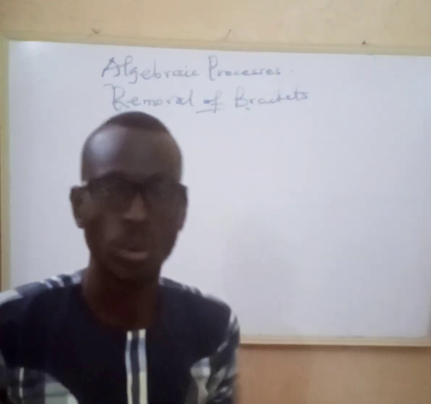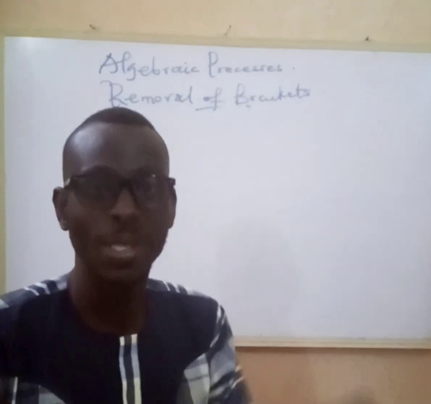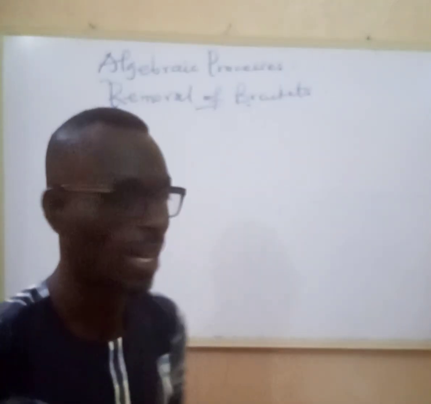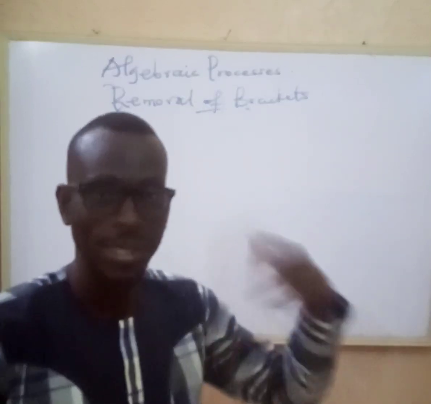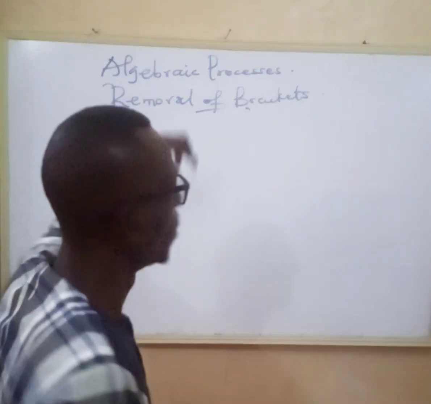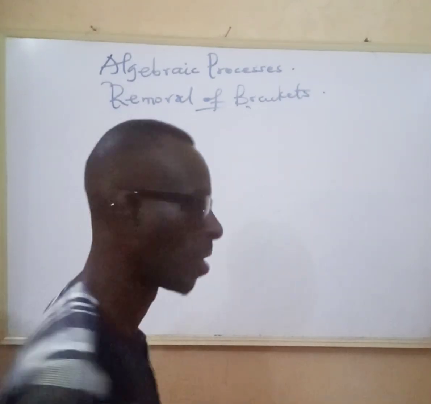In that video, we discussed the removal of brackets using a Silver Crest Blender as a concrete example, and we are looking into the exercises that involve the removal of brackets in the simplest form.